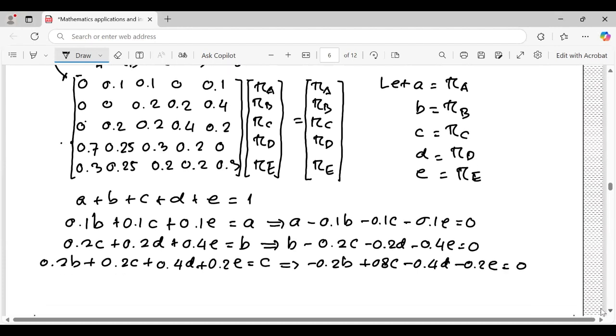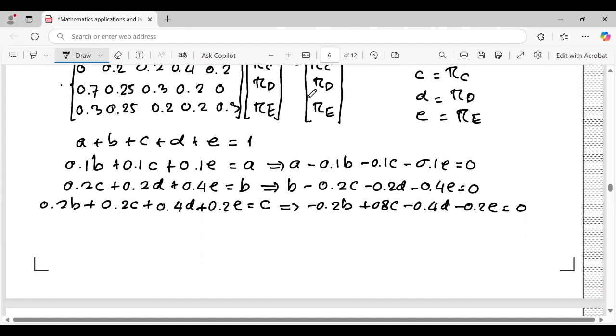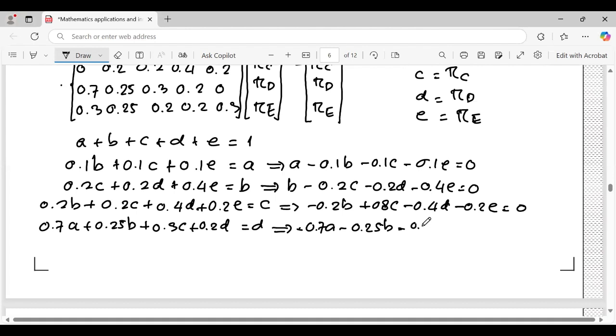Next, D: 0.7A plus 0.25B plus 0.3C plus 0.2D equals D. We can arrange it: minus 0.7A minus 0.25B minus 0.3C plus 0.8D equals 0.